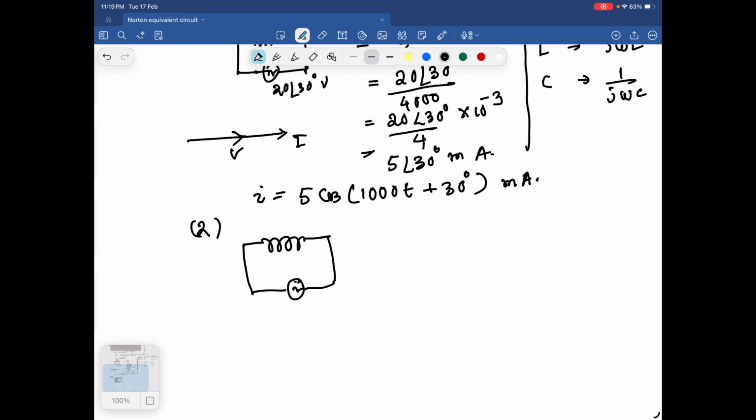This is V, sorry, this is 20 angle of 30 degree, and the inductance is 20 millihenry. L is equal to 20 millihenry.